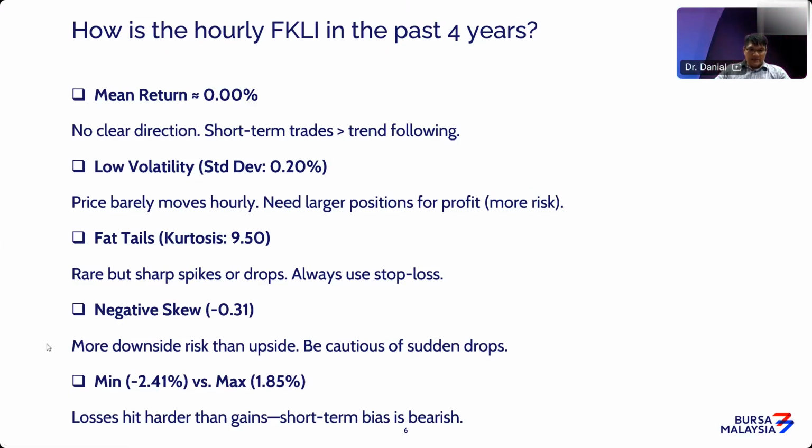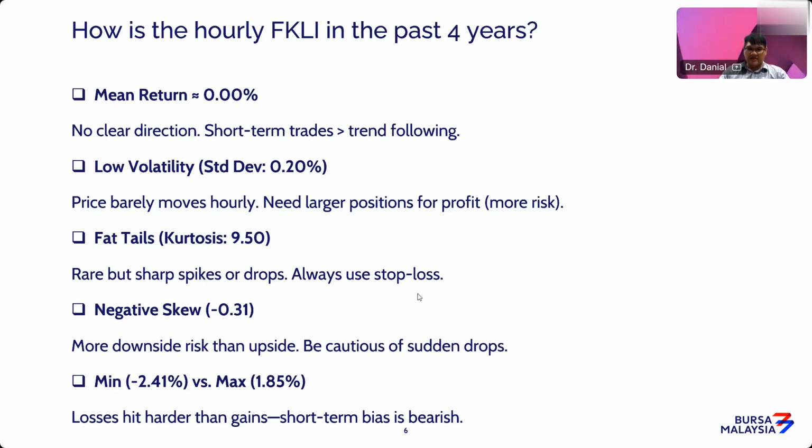And lastly, minimum negative 2.41 versus maximum 1.85. We will say that if things are not going your way, you will have the chances that your positions go wrong more than your positions give you some earnings, because let's just say you are long in a bearish market with a strategy of hope, your loss will hit harder than when you see that you are gaining.